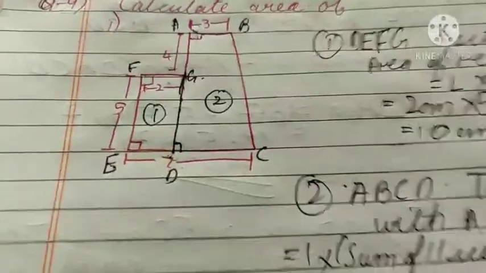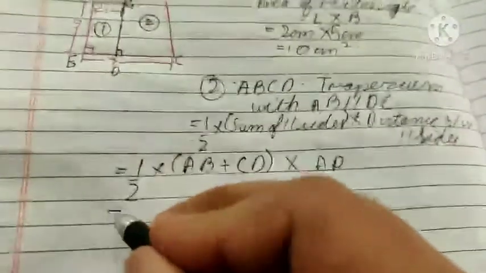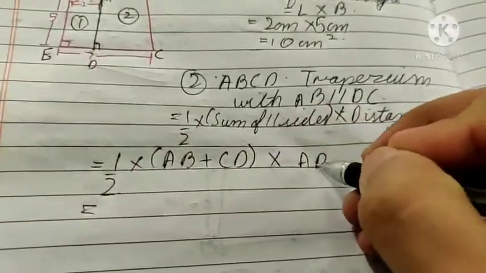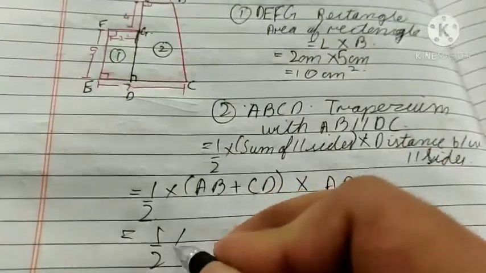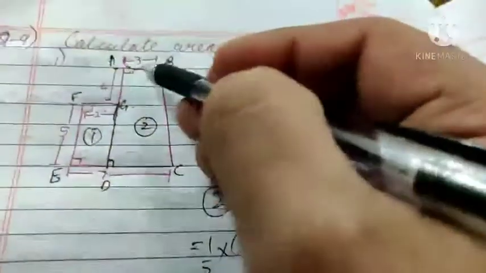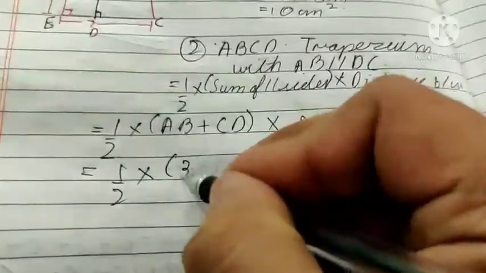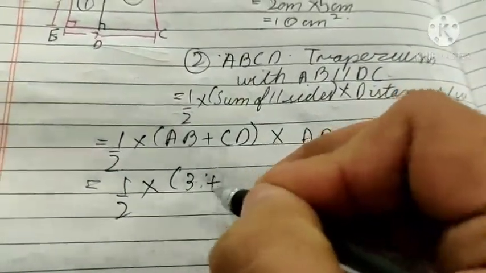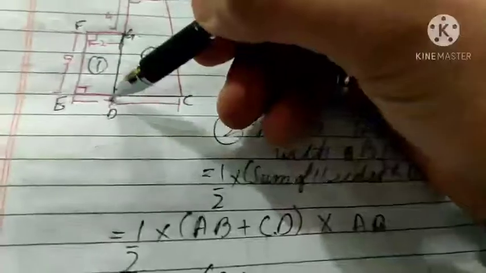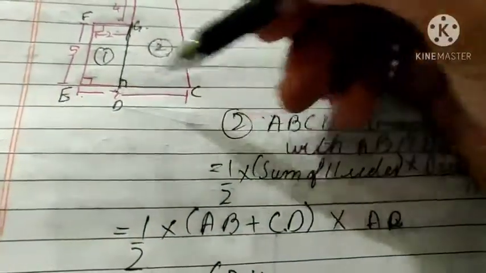So AD can be written as AG plus GD. So half into, what is AB? AB is given as 3 centimeter. Plus CD.